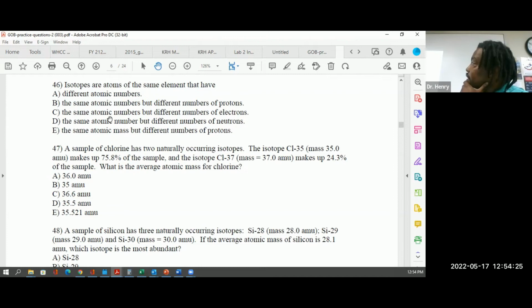Isotopes are atoms of the same element that have: A, a different atomic number; B, the same atomic number, but a different number of protons; C, the same atomic number, but a different number of electrons; D, the same atomic number, but a different number of neutrons; E, the same atomic number, but a different number of protons.